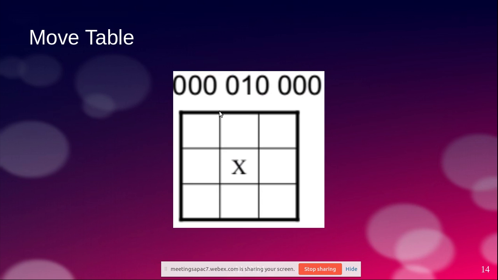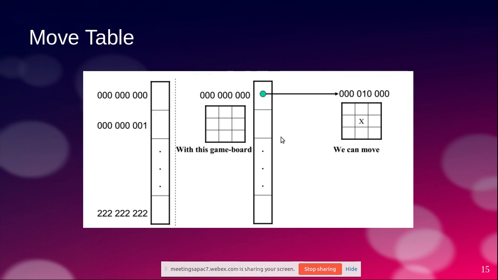So this is the machine friendly version of this board configuration. All zeros except the center one, which is one. Okay, that's how a lookup table looks. It contains two columns, one for the present state and one for the next state.